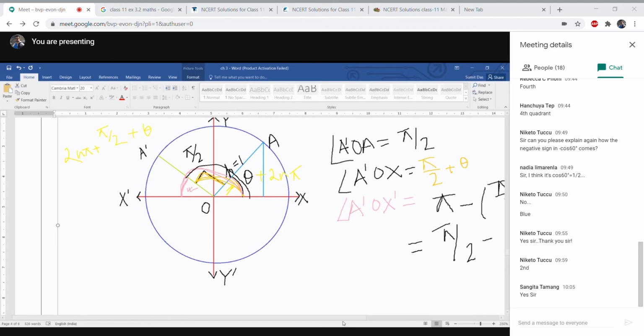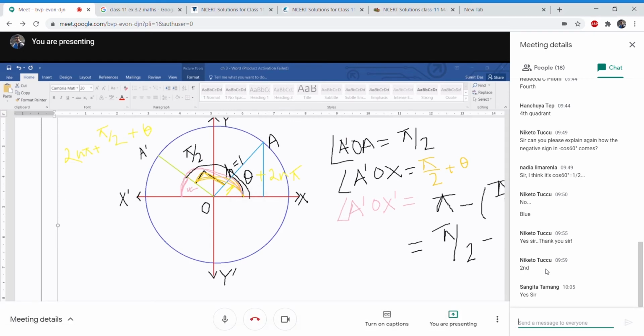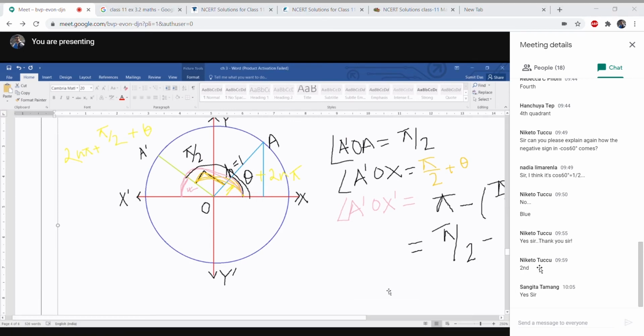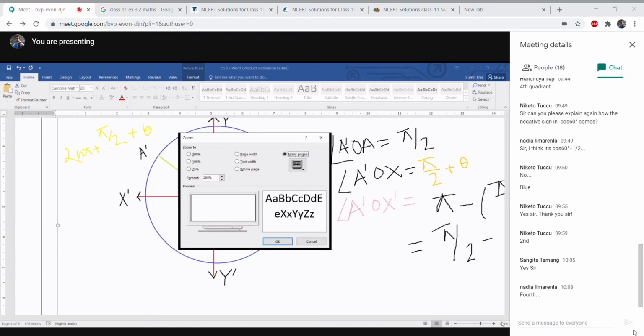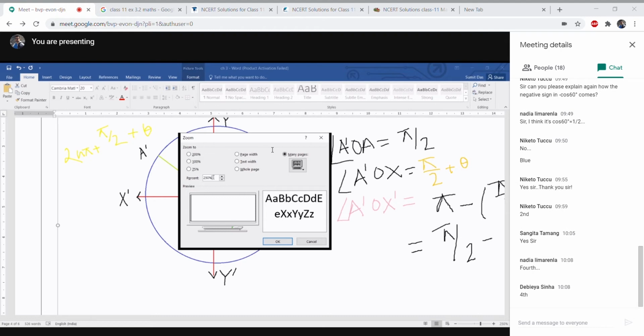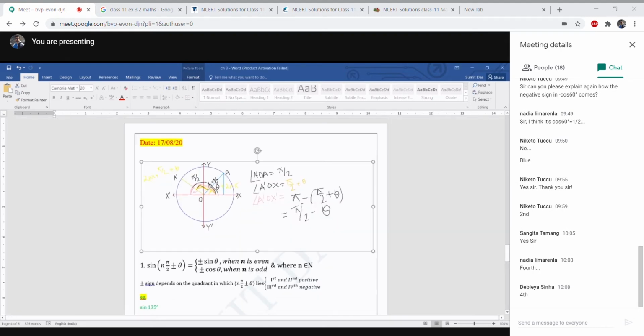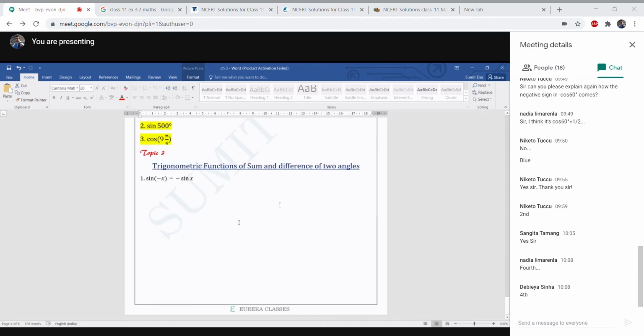In which quadrant will it fall? Let me know. Anyone? Minus x will fall in which quadrant?